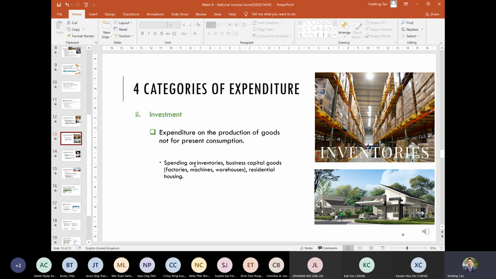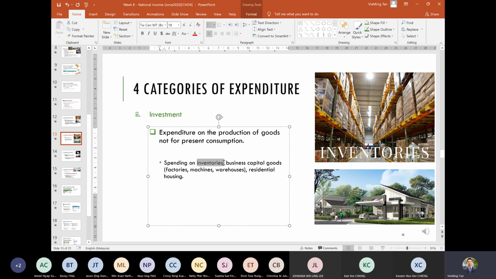Inventories, the stocks. Maybe the firm will keep more stocks in the warehouse in order to meet the market demand during the peak season. So these inventories are under the investment category, under I, if the expenditure approach is used.